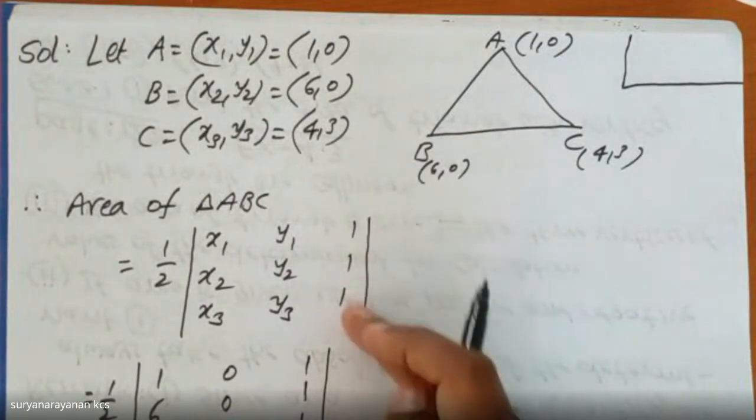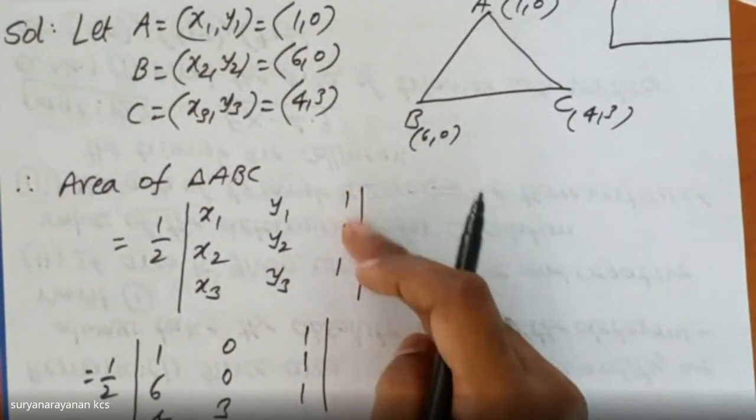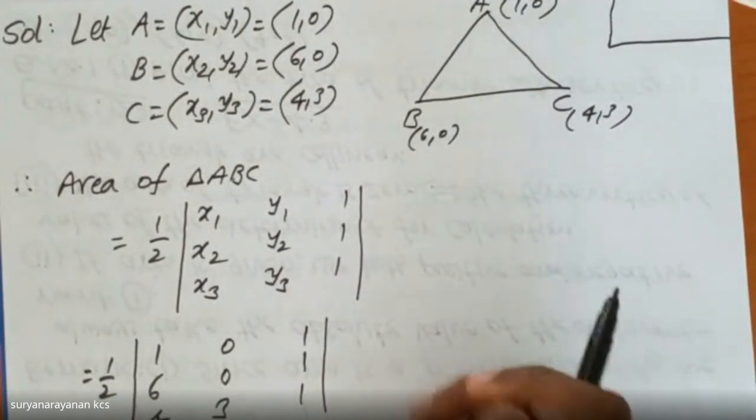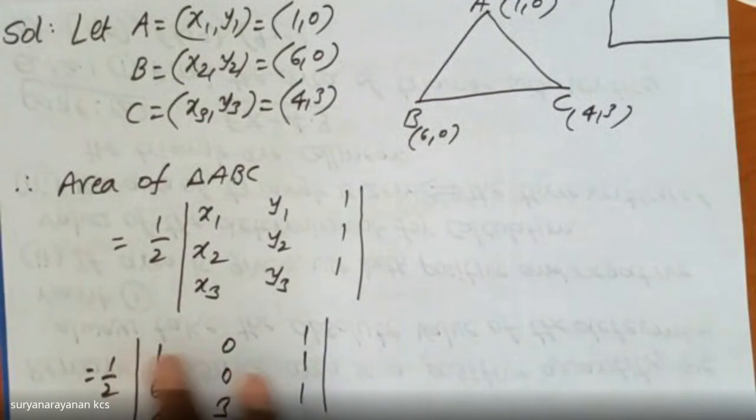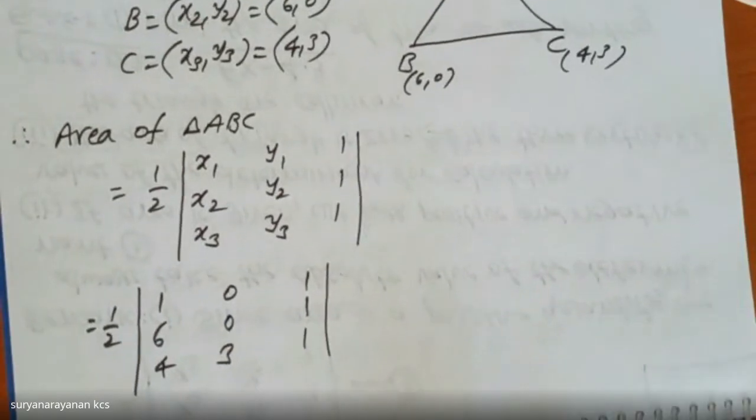Every element in the third column is fixed, 1 only. In the first and second columns we write x1, y1, x2, y2, x3, y3 respectively. Understood this one? Yes, sir.